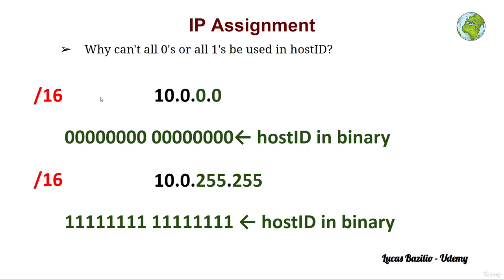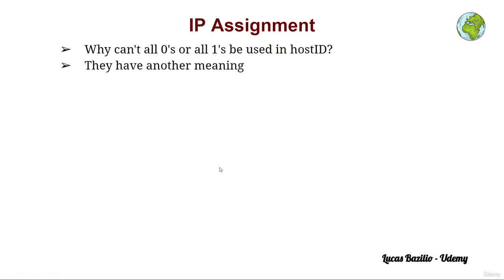We have 16 bits for the net ID and also 16 bits for the host ID. We can't use something like this, where all 16 bits of the host ID are 0, and we also can't have something like this, where all 16 bits of the host ID in binary are 1. Why? Well, because they have another meaning.